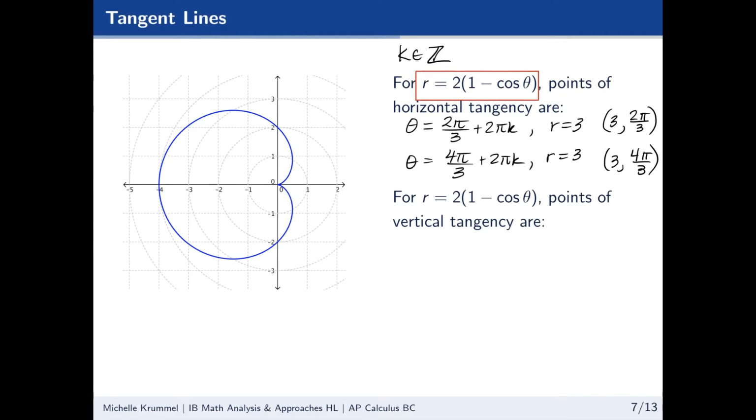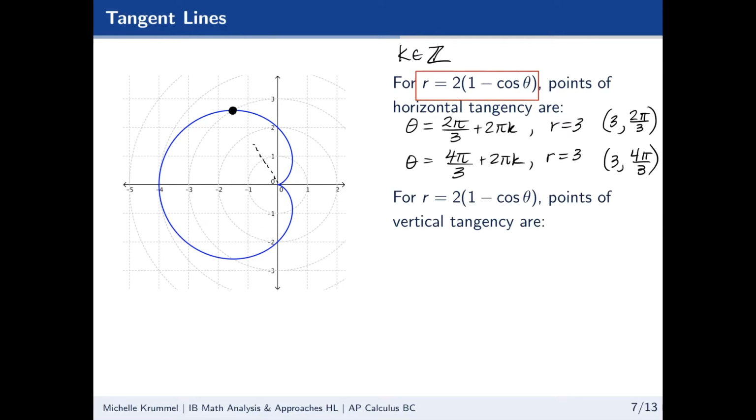And let's plot those points. So 2 pi over 3, that is 120 degrees. And I can tell I'm off a bit because I know r is supposed to be 3. So it would have made more sense to start with the r value for plotting that point rather than starting with the angle. An r value of 3 is that point right there.